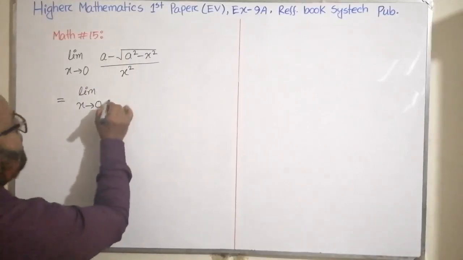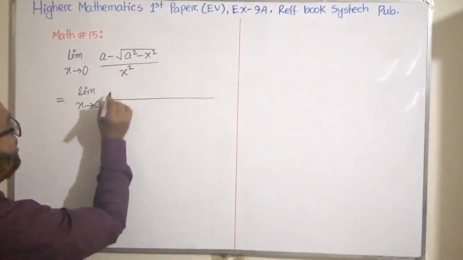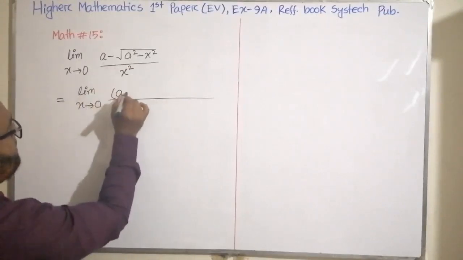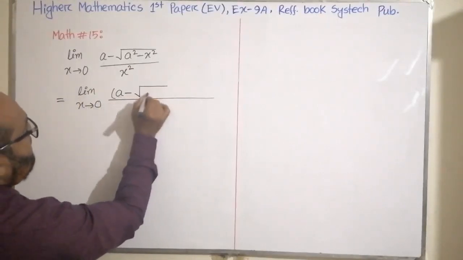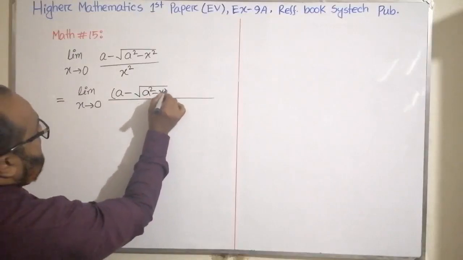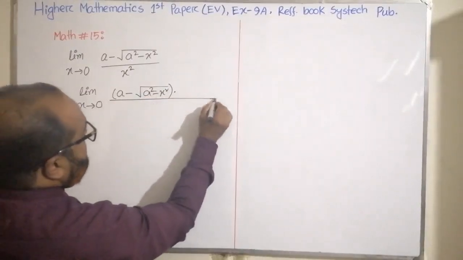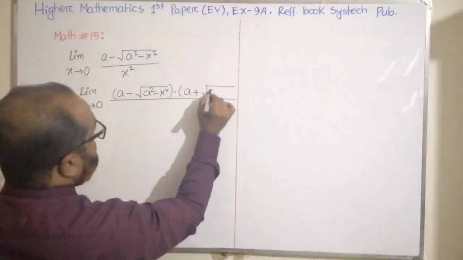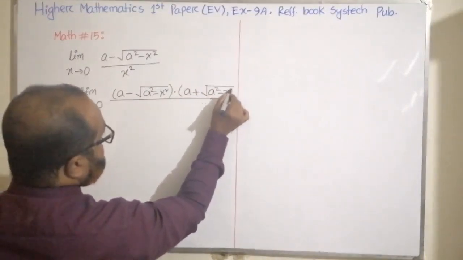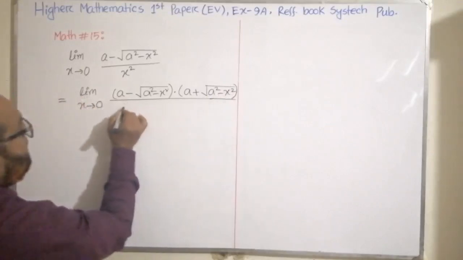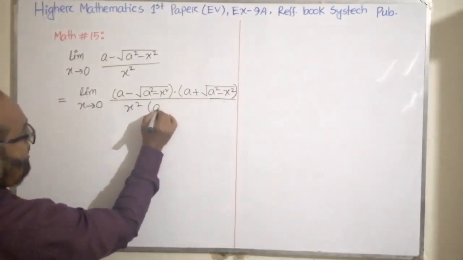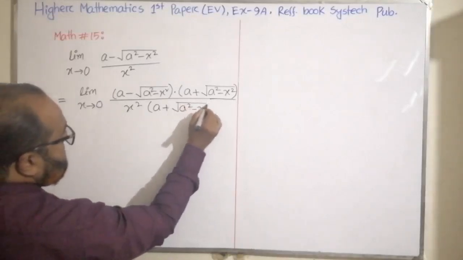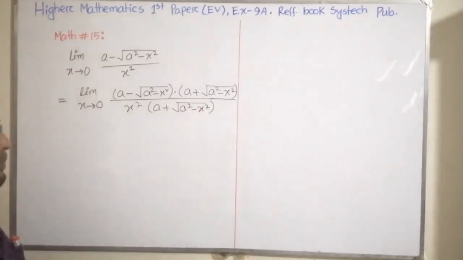Here we multiply both numerator and denominator by the opposite expression, that means this into a plus root over a square minus x square, x square into a plus root over a square minus x square.